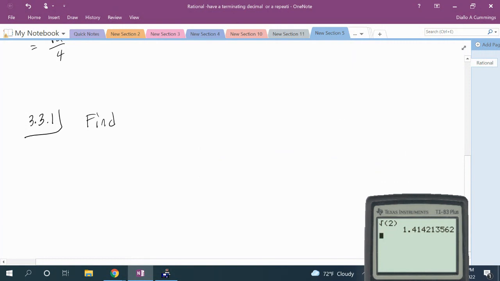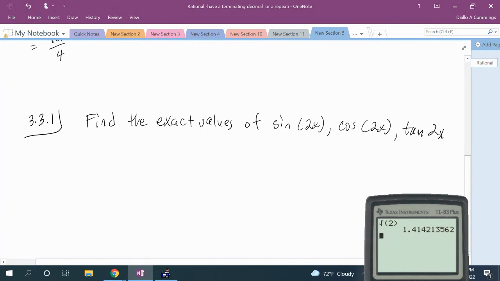We're asked to find the exact values of the sine of 2x, cosine 2x, and the tangent of 2x if the sine of x is equal to 1/3 and x is in quadrant 2.